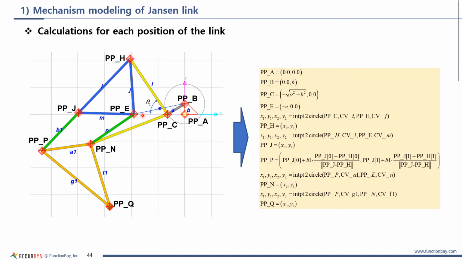The connection points of the joints can be defined after complex calculations here. You can easily perform RecurDyn modeling using the coordinates of these points. And then it is possible to change the model to create a new one quickly and simply using a Python script without the complex calculation.